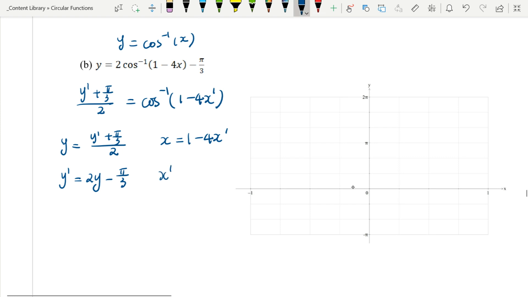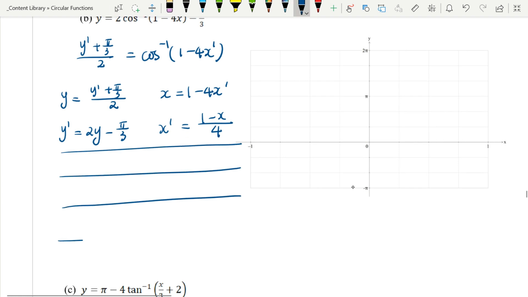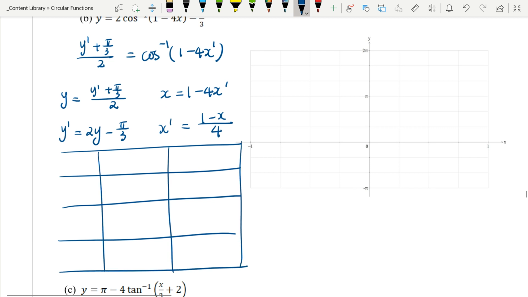So x dash equals 1 minus x over 4. Move the 4 that side and move the x the other side and divide by 4. After you find the relationship between the new point and the old point, we sketch the table. So we have x dash equals 1 minus x divided by 4, and y dash equals 2y minus pi over 3.